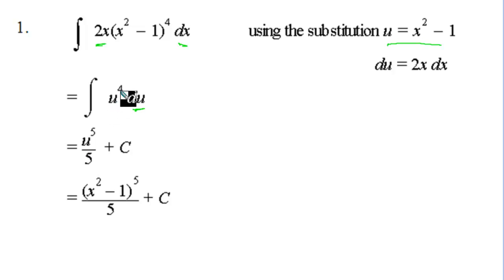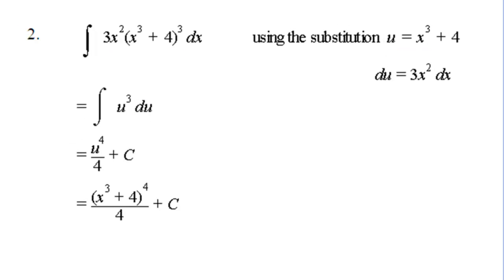Now it's easy to integrate u to the power of 4 and do our substitution back. So that's what we're trying to do, and we're going to make it simpler to be able to do a substitution. u is equal to x³ plus 4 becomes 3x². So now it starts to make our substitution possible, and then our integration much easier there.